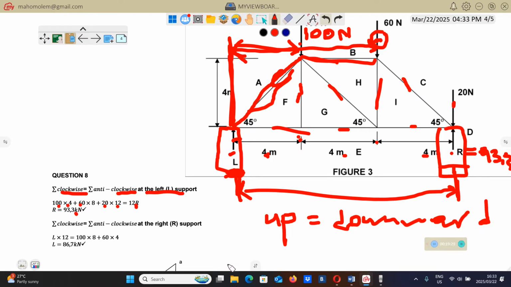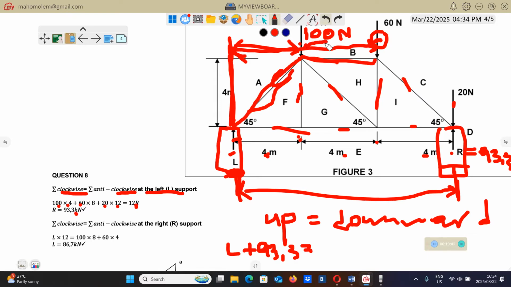So it's really up to you. If you consider upward forces, you're going to have L plus R, and we just got that R is 93.3, equals the downward forces.